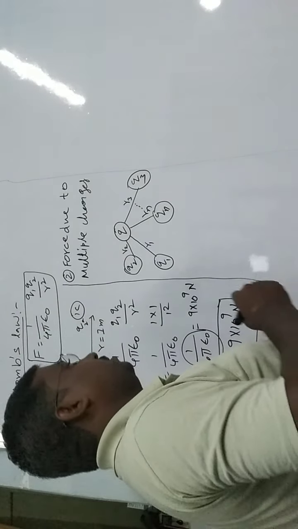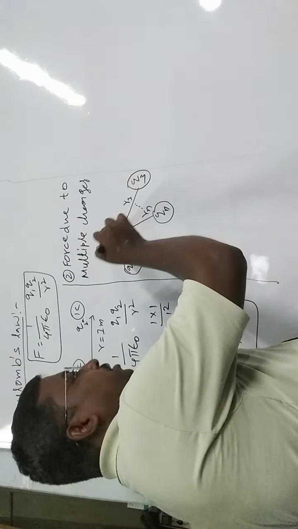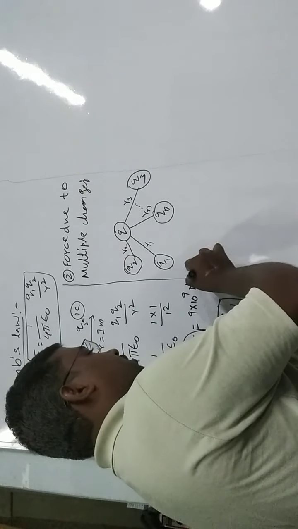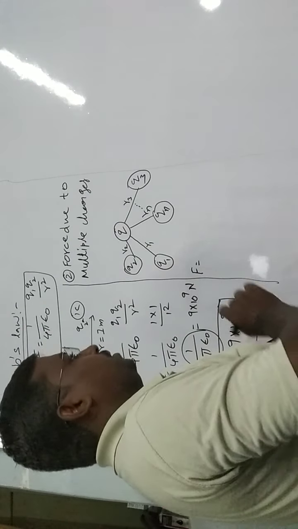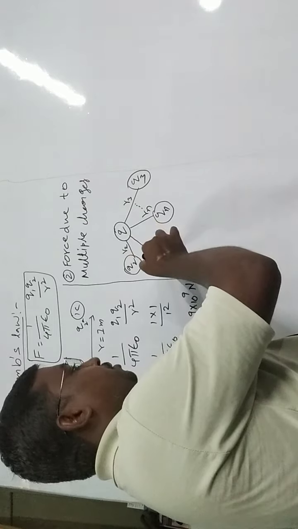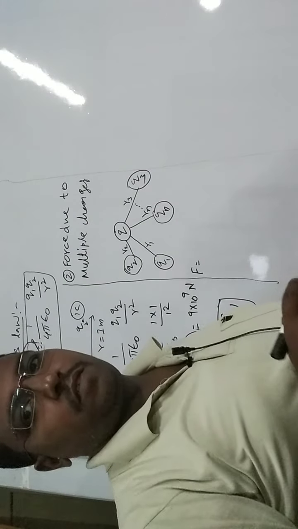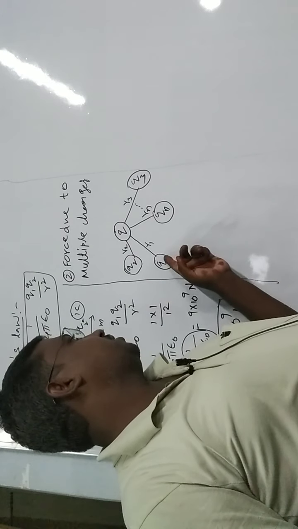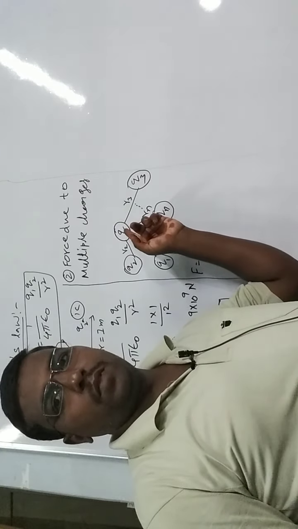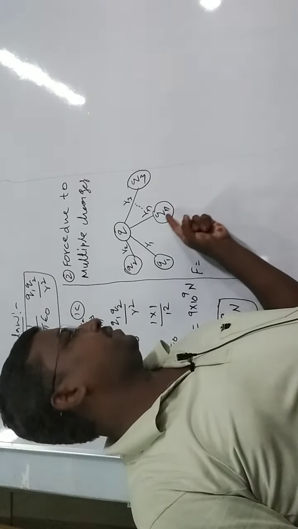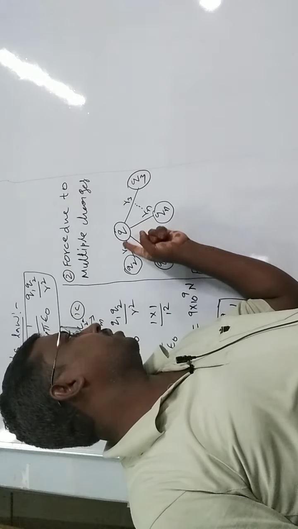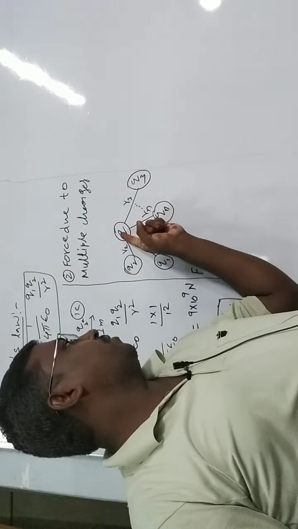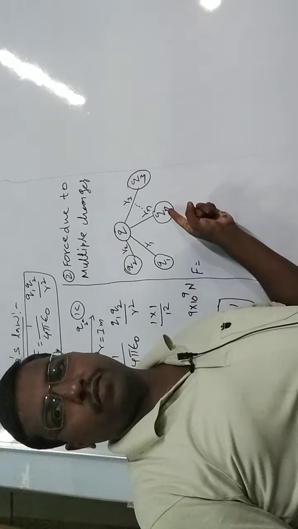Now, the force acting on this charge Q is F equal to, first of all, we write the force between Q1 and Q, and add the next one, Q2 and Q, and add the next force, Q and Q3, and finally the last charge's force.